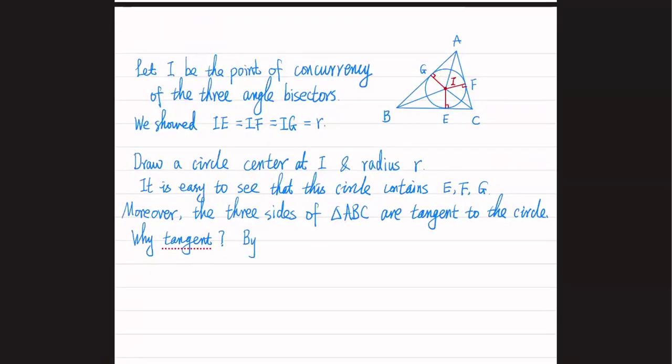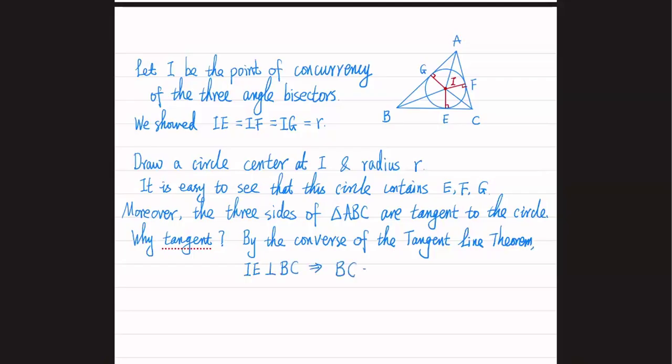Find the converse. Tangent line theorem. Since IE is perpendicular to BC, it implies BC is tangent.